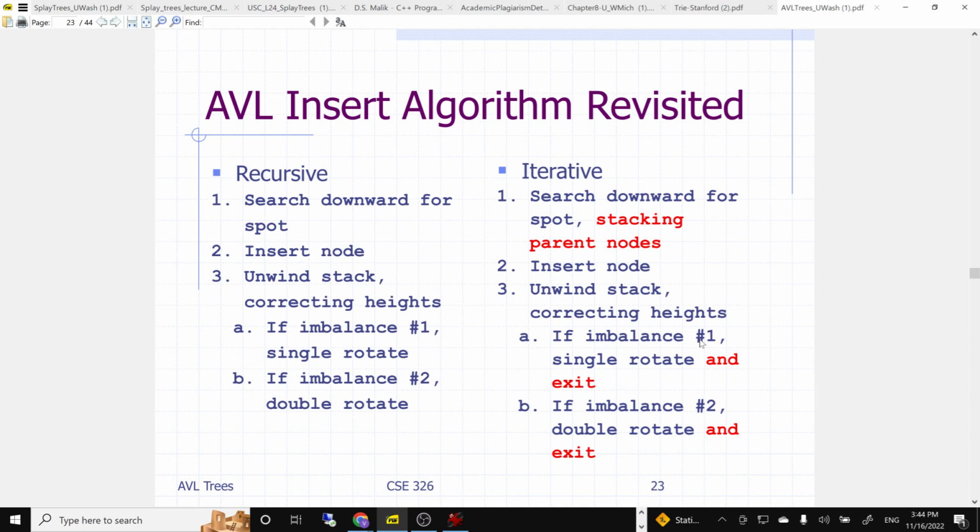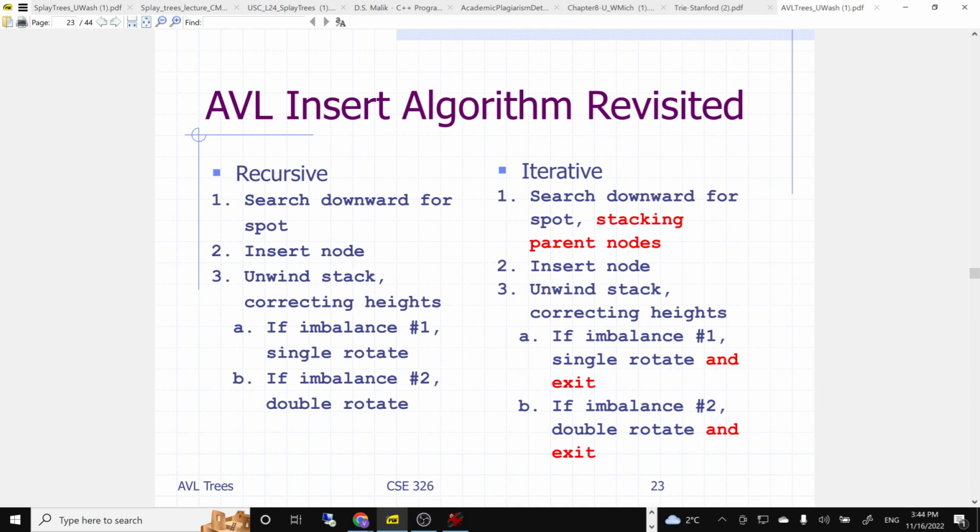You search downward for the spot, stack the parent nodes, insert the node, and then you unwind the stack manually. A recursive function will have the same thing, but it's an implicit stack built into recursion. That's why we have Stack Overflow when we have too many recursive calls. Here you keep track of the stack yourself.